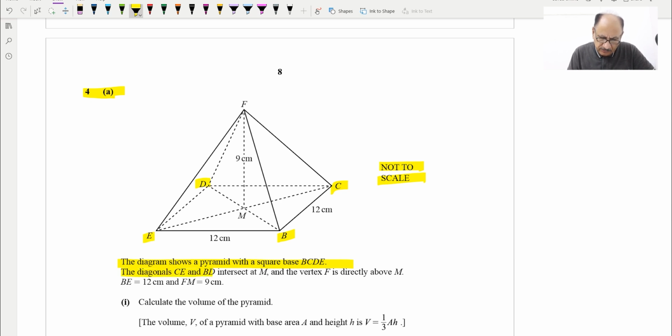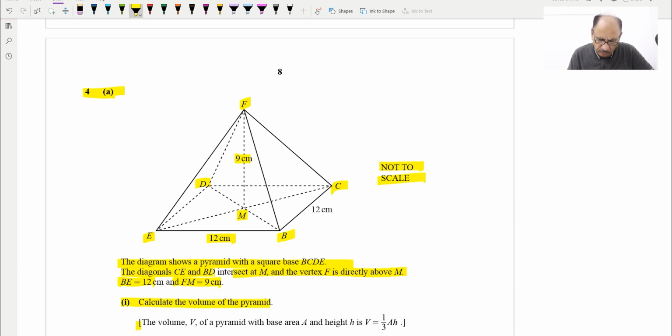The diagonals CE and BD intersect at point M, and the vertex F is directly above M. BE is equal to 12 centimeters and FM is equal to 9 centimeters. Calculate the volume of the pyramid.